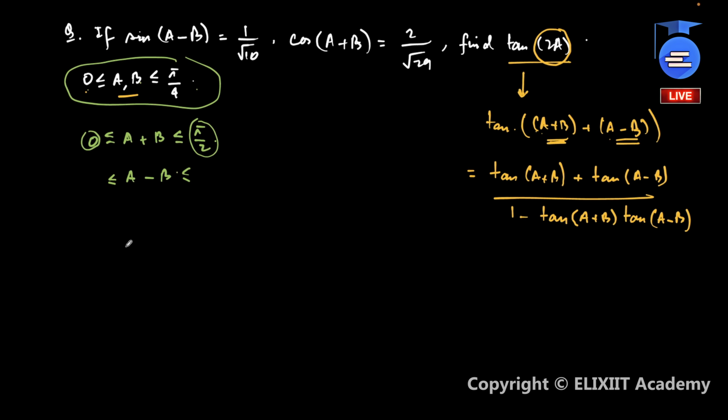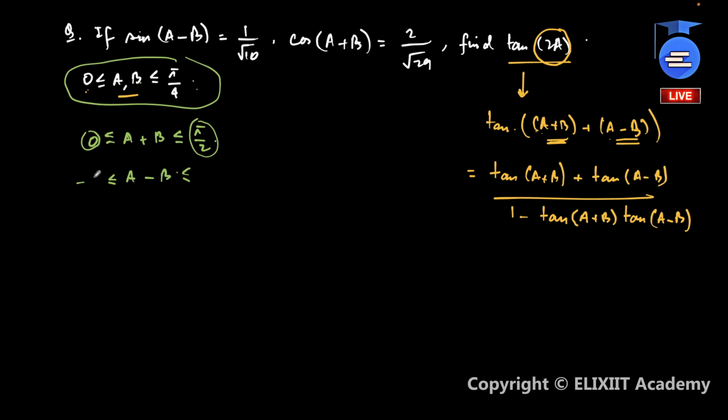Understand the concept. A minus B will be minimum when A is minimum and B is maximum. B attains the maximum value. So the maximum value of B is what? Pi by 4. So then only A minus B will be minimum.